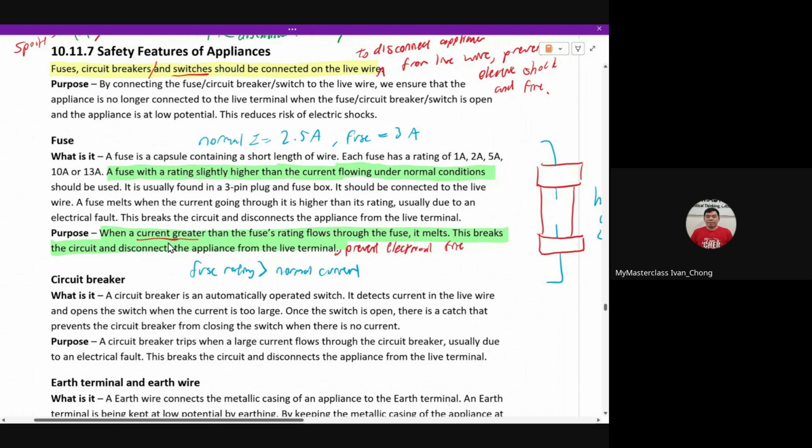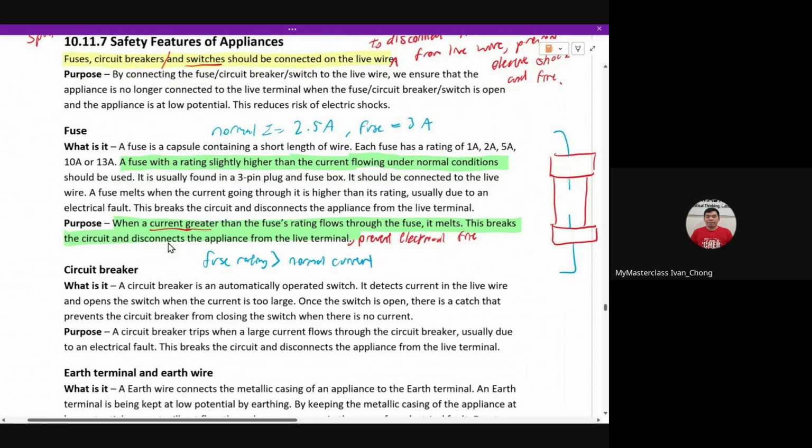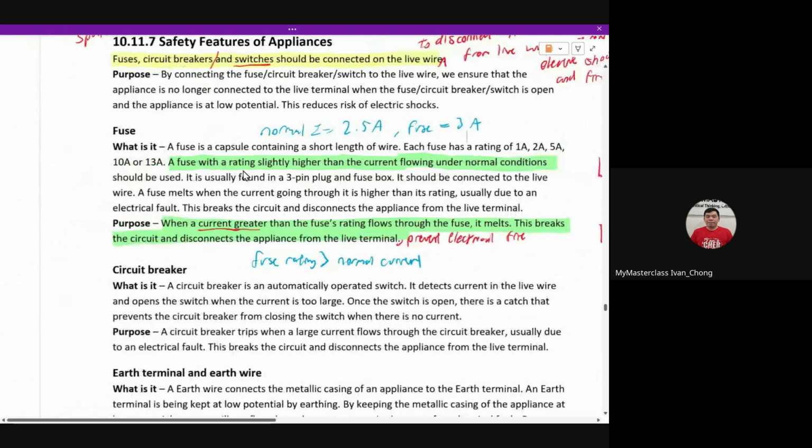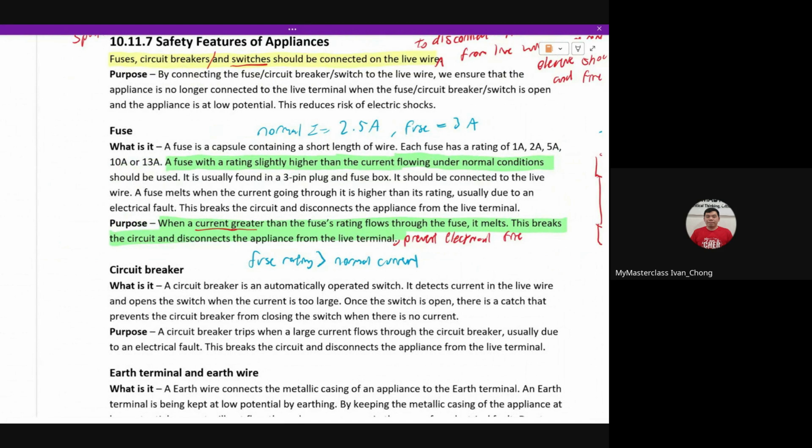Your fuse, this page is what we want to focus on, is the purpose, the function of it. But for the fuse, you need to know this extra part as well. The bad thing about a fuse is that it is one-time use only. Which means if your fuse melts, you have to buy a brand new device or install your own fuse, which is very, very dangerous. So normally if your fuse melts, you just buy a new instrument straight away.